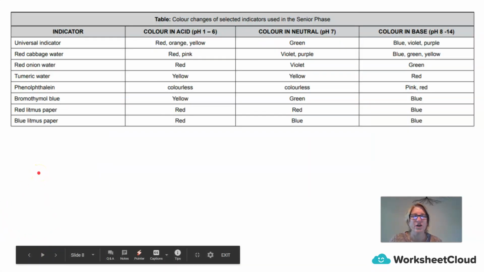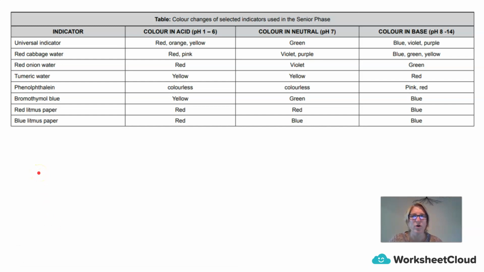So it is a general requirement that for grade 9, you learn these indicators, you learn what color they turn in an acid, which is an aqueous solution with a pH 1 to 7, what color they are when the solution is neutral, that's pH 7, and what color they are in a base, and that's pH 8 to 14.